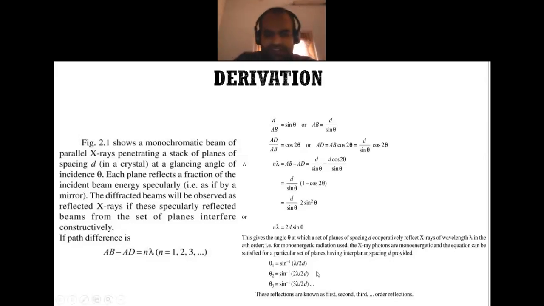The derivation of this Bragg's law, this particular equation which I just showed to you, is done here. How we can derive Bragg's law.